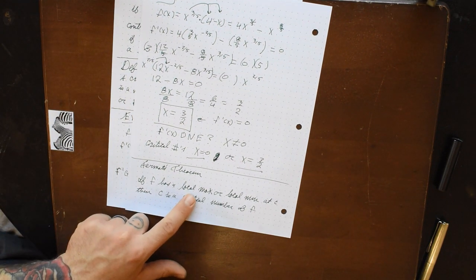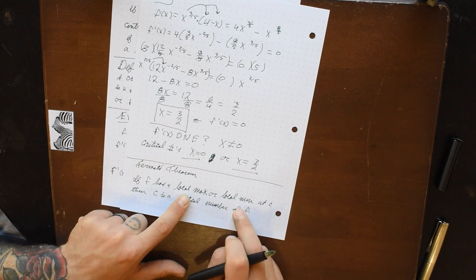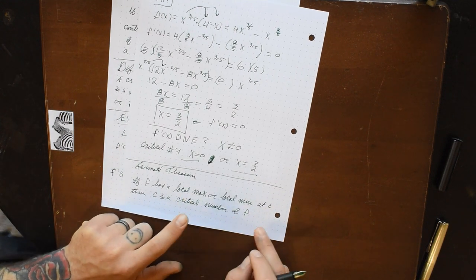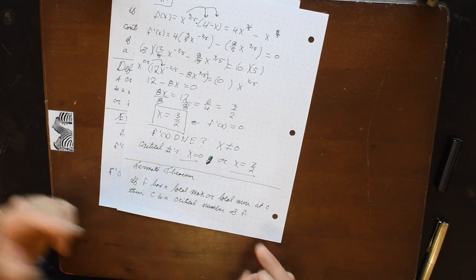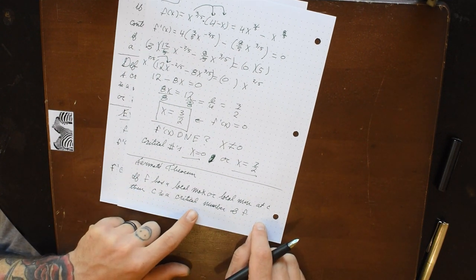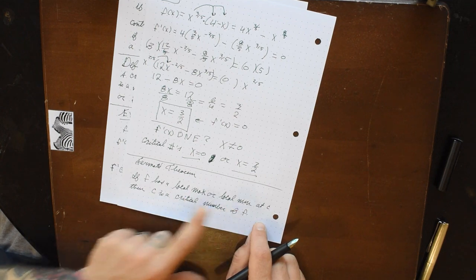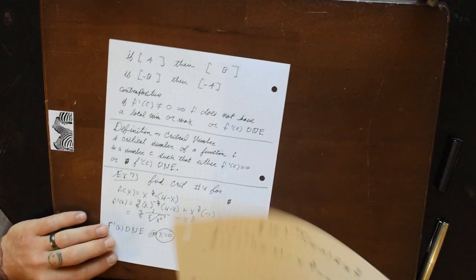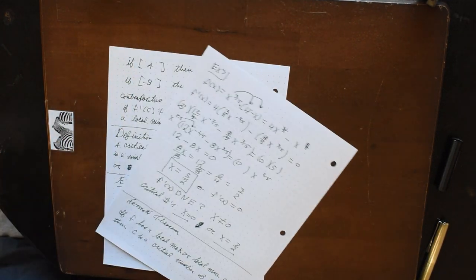So if we have this local maximum or this local minimum, then we know we're going to have a critical number. This in the contrapositive says that if C is not a critical number, then there is no local max or local min. So we'll write that down again.